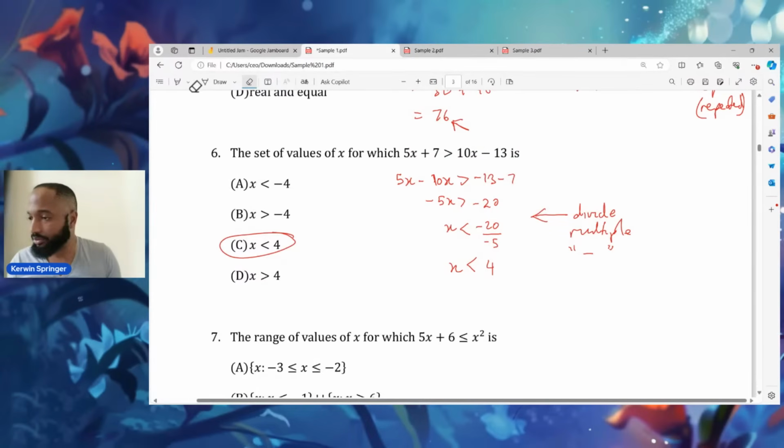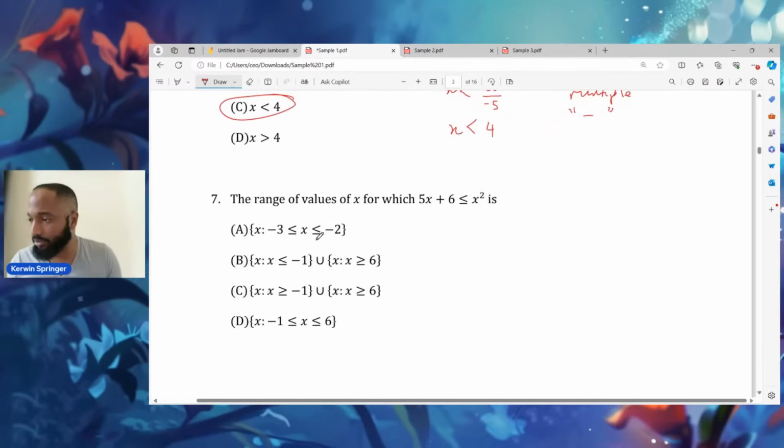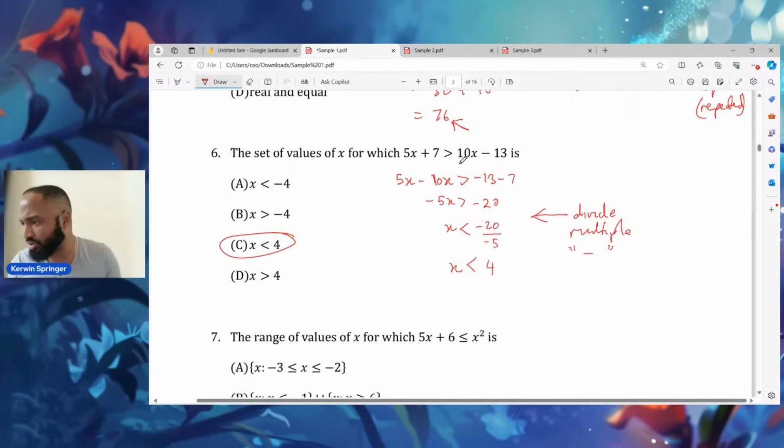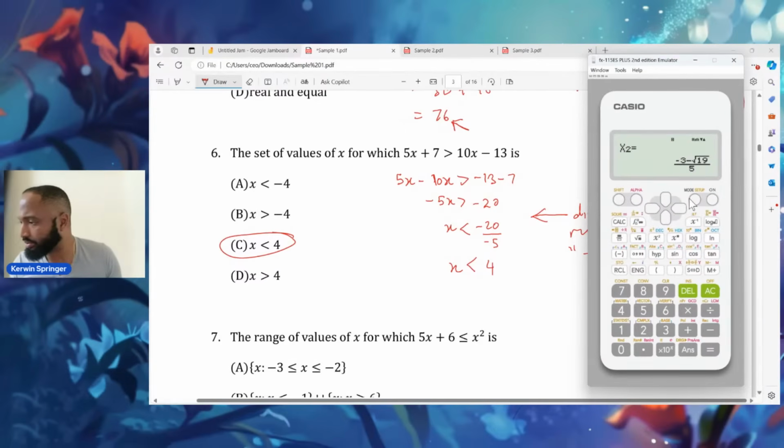By the way, your calculator can also solve this. All right, I could solve the linear equation part of it.